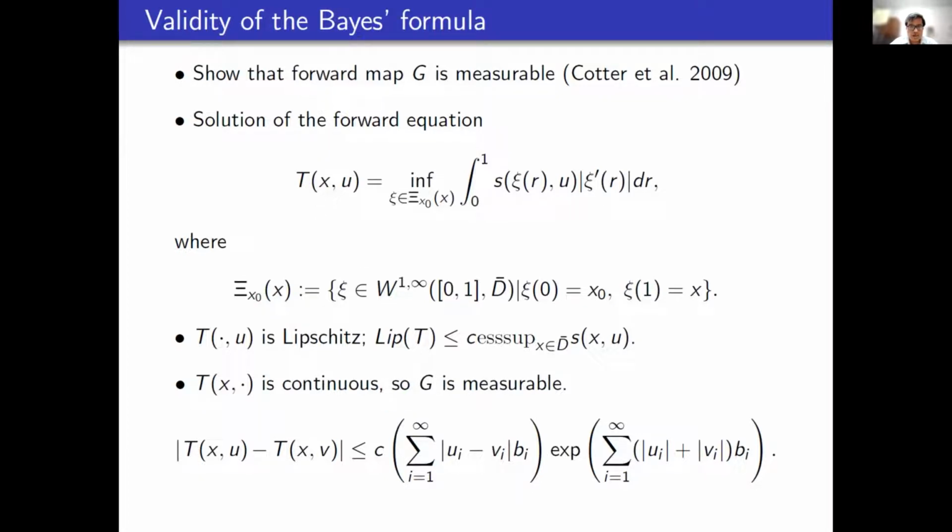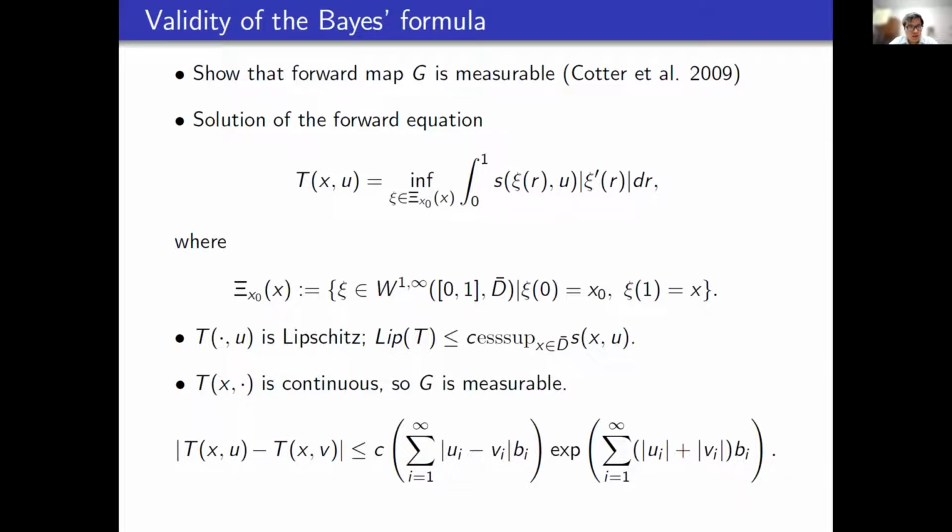The big C here is the set of all the paths from [0, 1] to the domain D, in W^{1,infinity}, such that c(0) is the source point and c(1) is x. So we can write down the solution of the forward equation in this form.